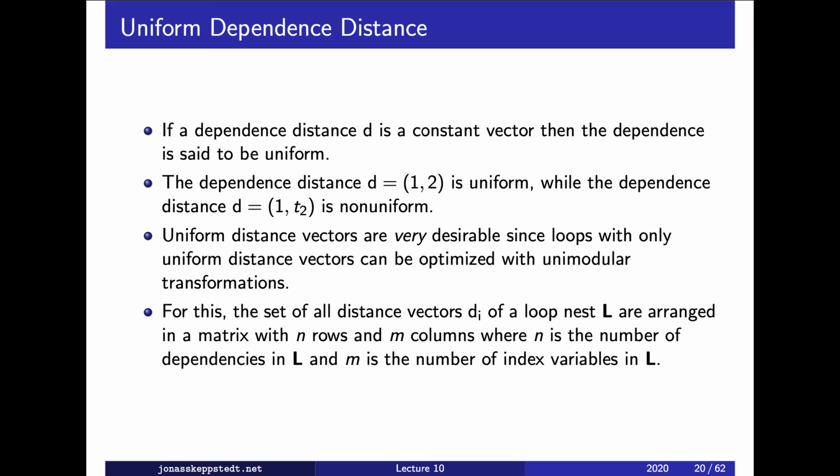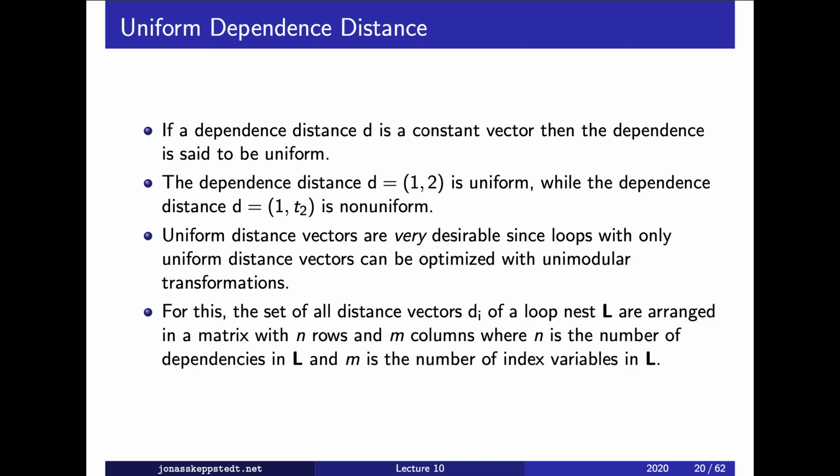So if we have a loop nest with m loops, then we have m elements in each dependence distance vector.